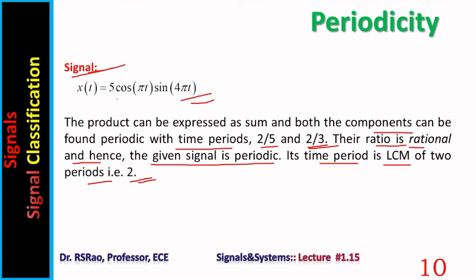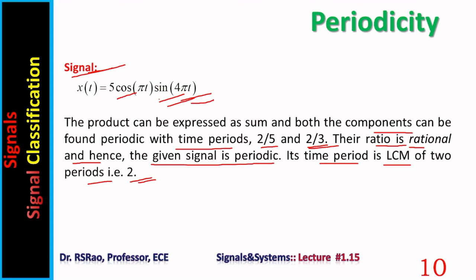Here a product of two trigonometric functions, one cos, one sine, is given. First we have to express this product as a sum of two trigonometric functions, and it can be expressed using the formula for sine a plus b and sine a minus b.